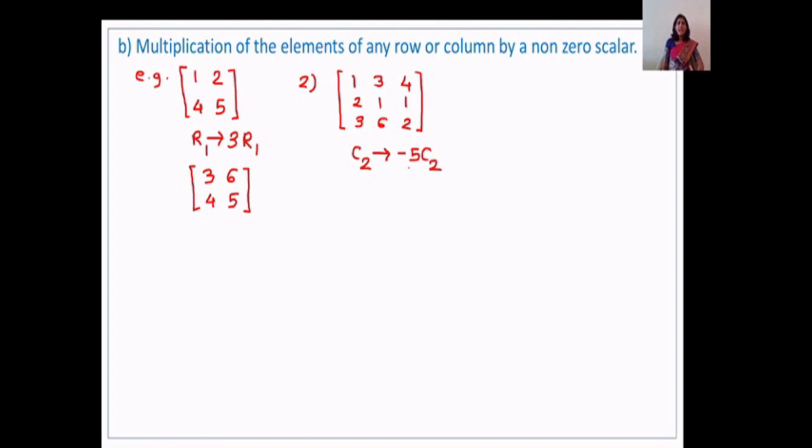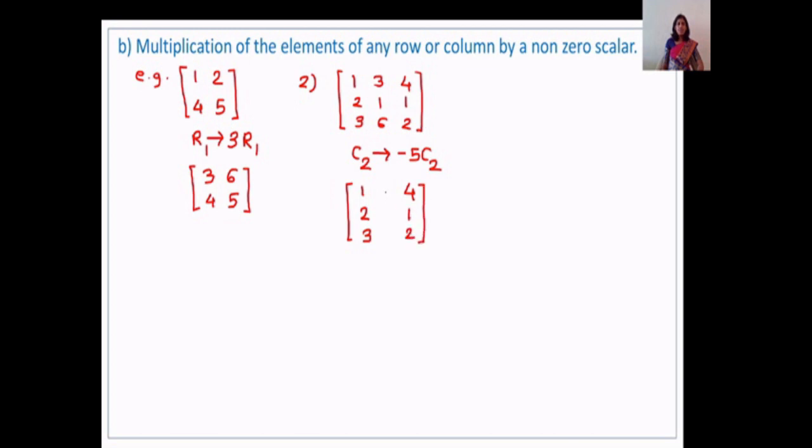That means we have to multiply C2 by minus 5 and write the result in C2. So what will we get? Our first column is as it is, 1, 2, 3. Similarly our last column is also as it is, that is 4, 1, 2.